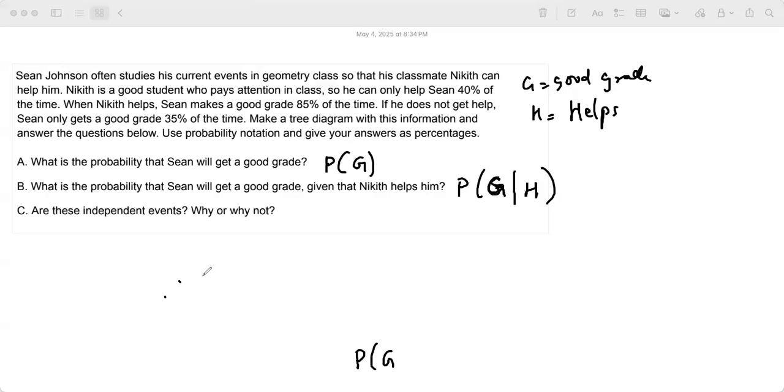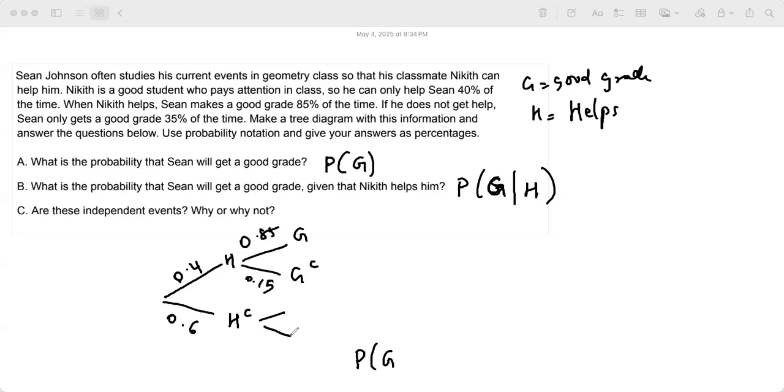Nikit helps Seen 40% of the time. So helping is 40%, and the complement, not help, is 60%. Now, if he helps, 85% he gets a good grade, so 0.85 and 0.15. Similarly, if Nikit does not help, he gets a good grade only 35% of the time, so 65% of the time it is not a good grade.